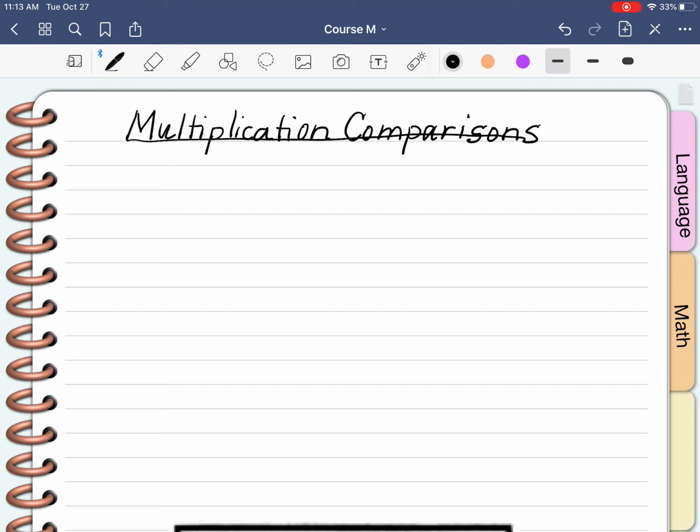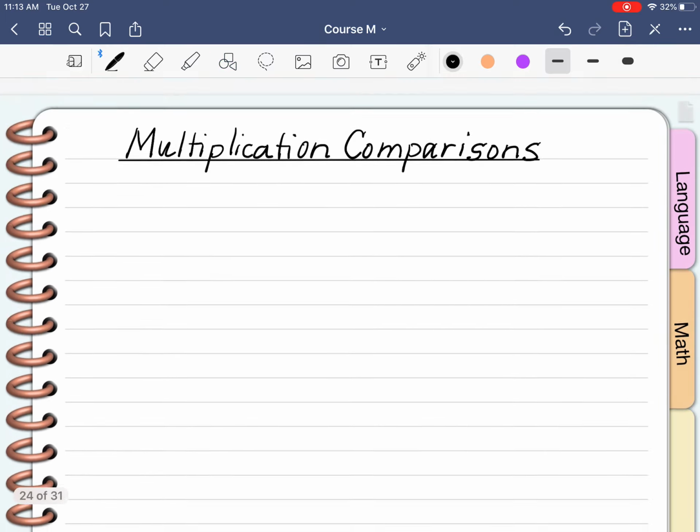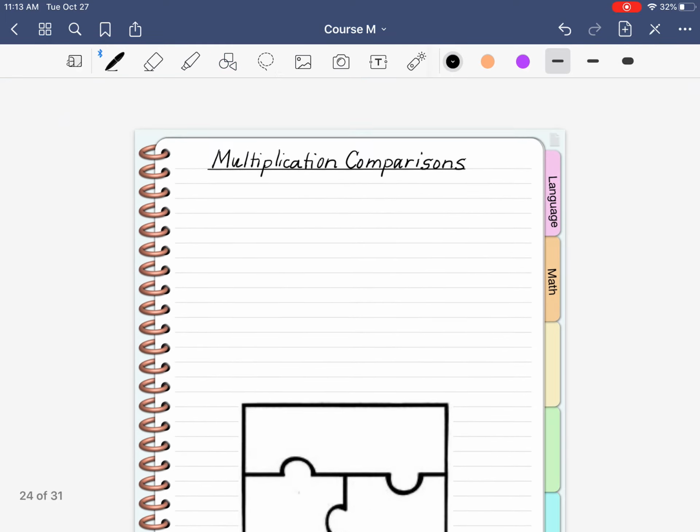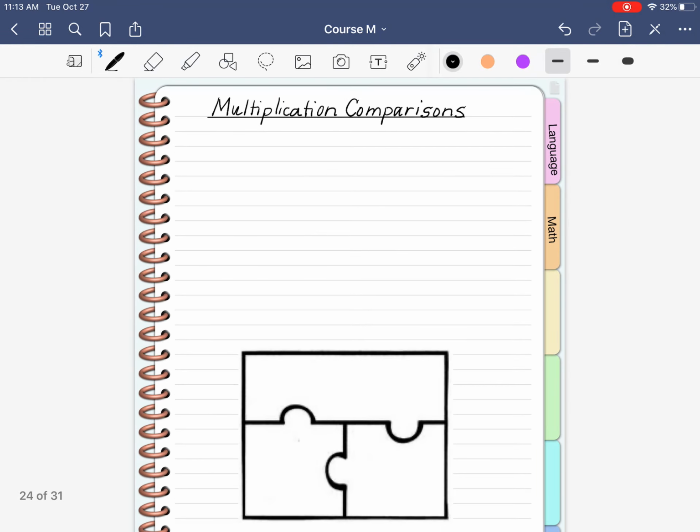Okay. So we are going to be working with multiplication, and we're going to be comparing different problems that relate to each other. If your children are working on these in early elementary school, they call them fact families.